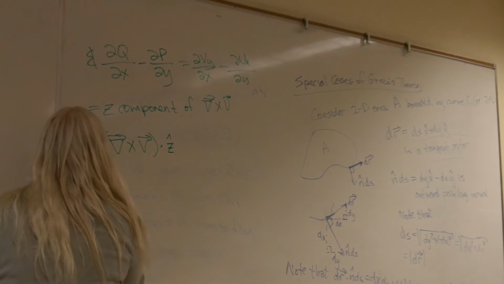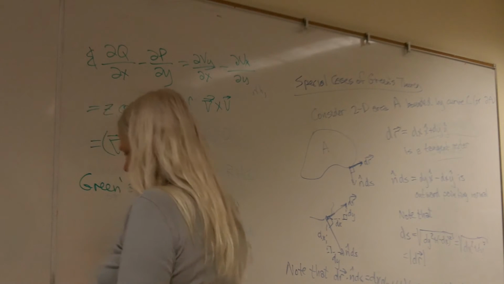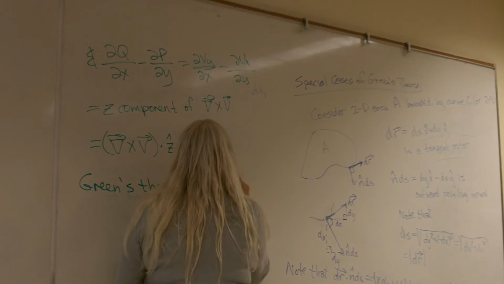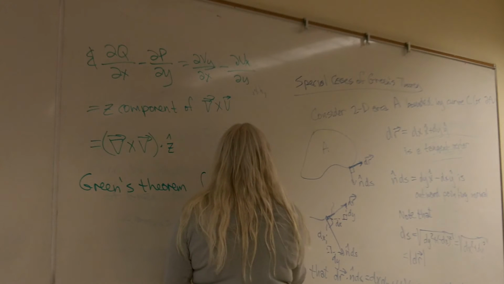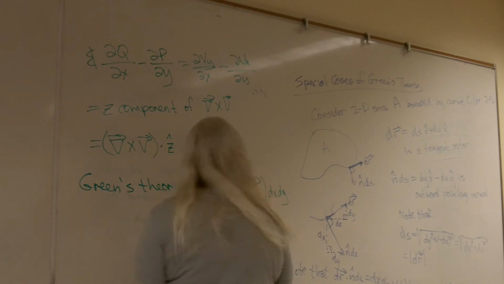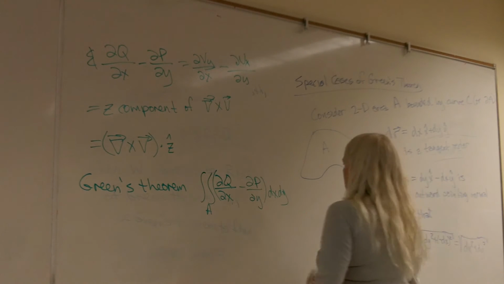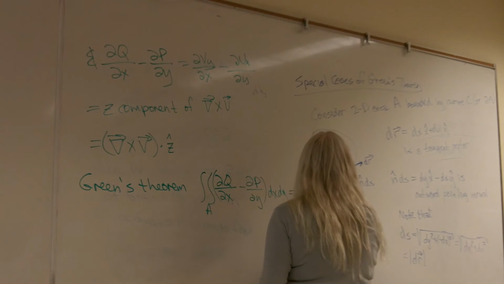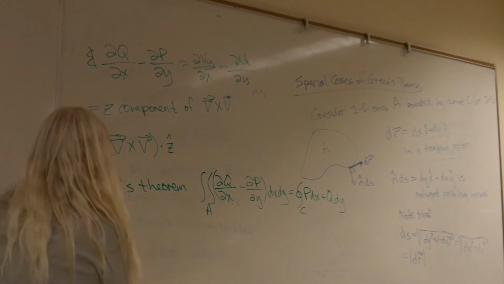So in other words, Green's theorem, which again is in the form written over there, the original form of Green's theorem is that the area integral of dQ dx minus dP dy, dx dy, integrated over some area A, is equal to the integral of P dx plus Q dy over the boundary of A, or curve C as we called it.